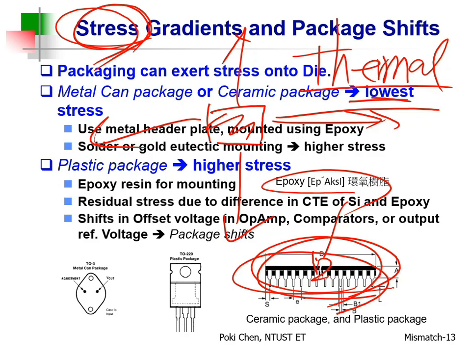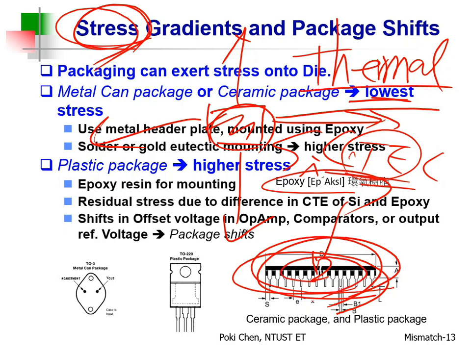But what will go wrong? The die itself is composed of silicon. So the thermal expansion coefficient, okay, or coefficient of thermal expansion, it won't be expanded so much according to the rise of temperature. But how about epoxy? Sorry for that. The coefficient is much, much larger, I guess 10 times larger than the silicon itself. So after power on, the temperature is increased.